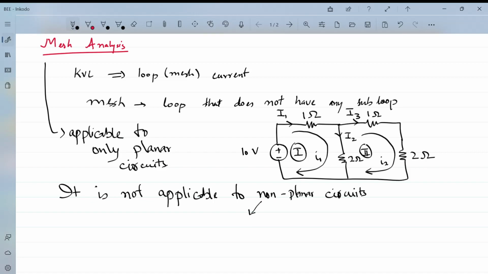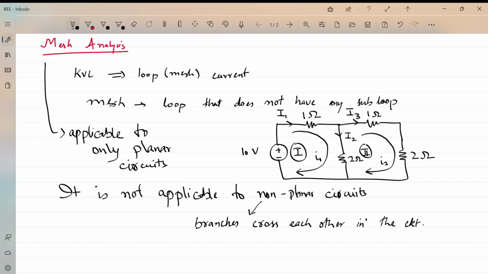Non-planar circuits are those circuits in which there may be branches that cross each other. In a planar circuit, branches do not cross each other, whereas in a non-planar circuit, branches cross each other.